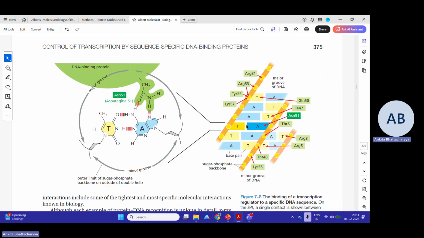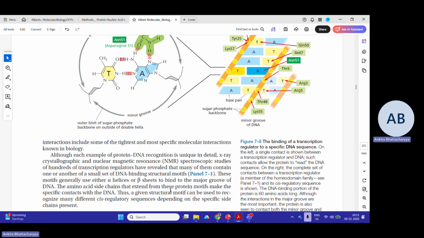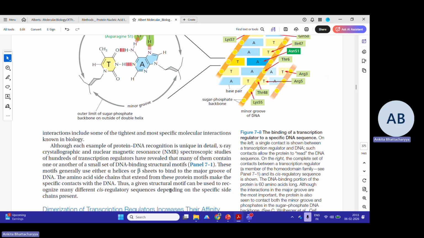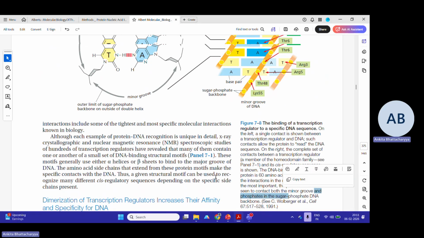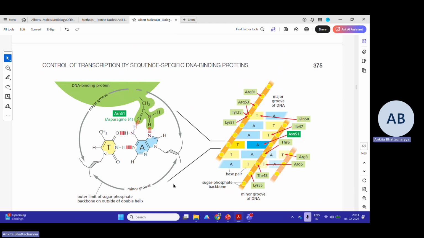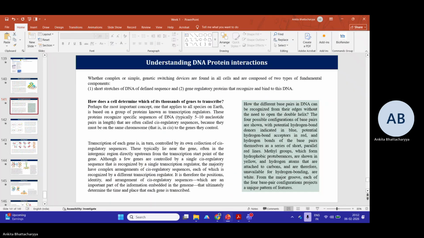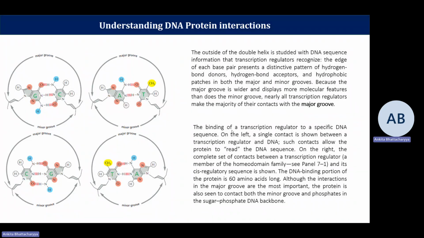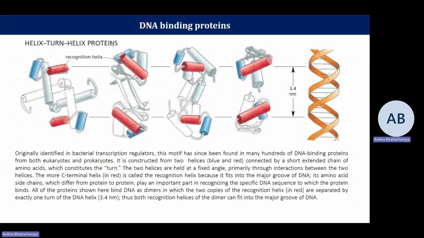In this zoomed in region, it is forming this interaction via the major groove, not via the minor groove. Proteins can sometimes also contact the minor groove as well as the sugar phosphate backbone of the DNA, which we are studying also. So that is what we saw here, and that's the major takeaway.